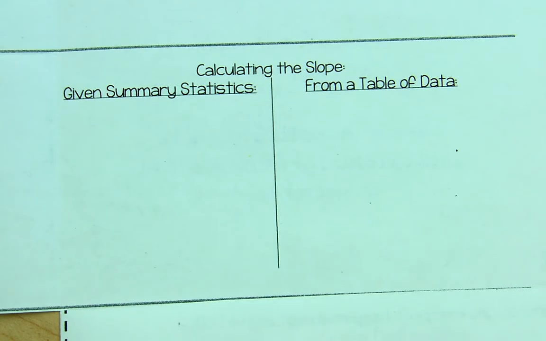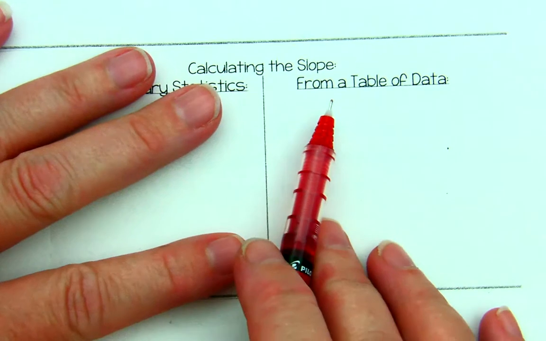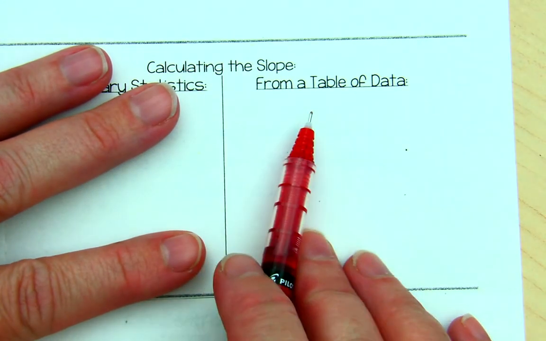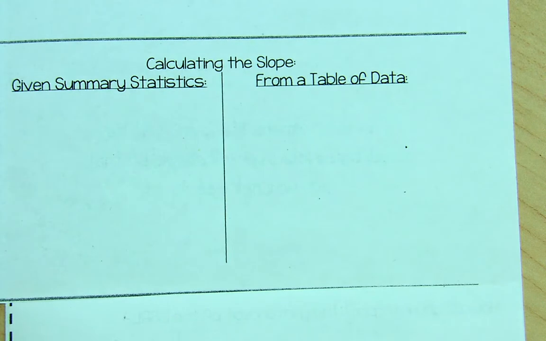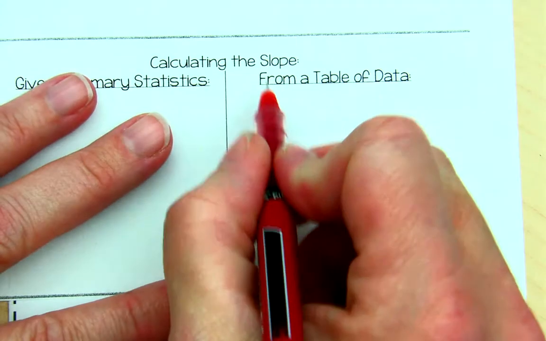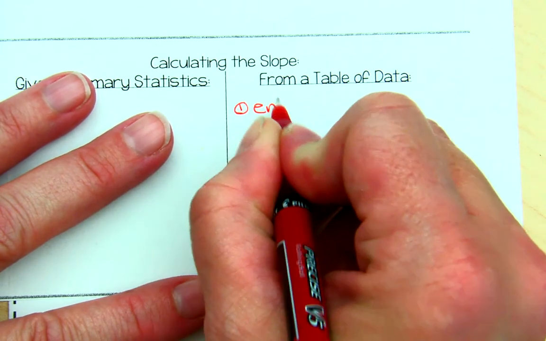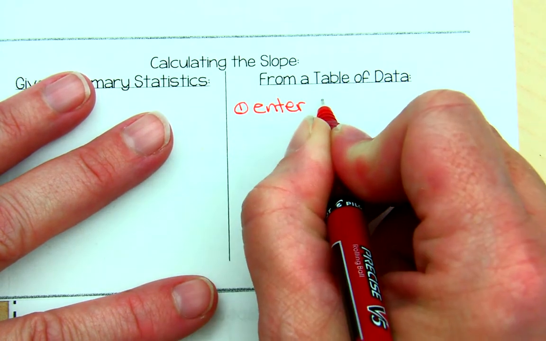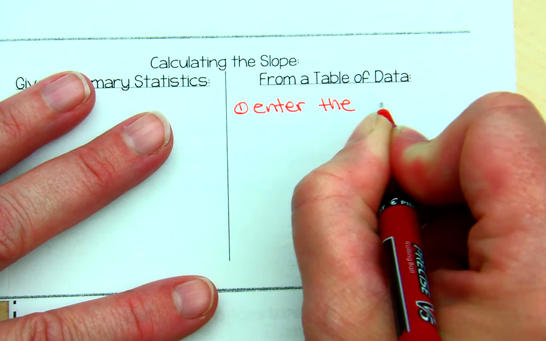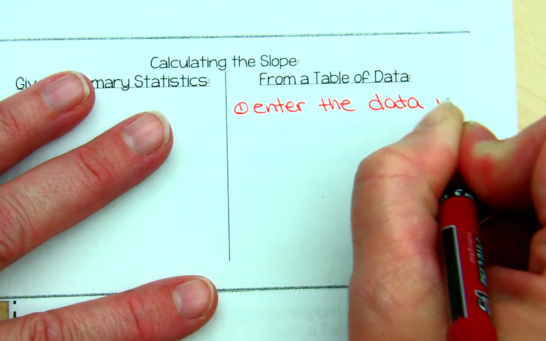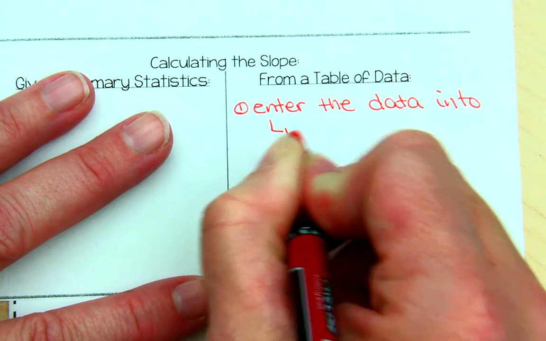Okay, so how do we get the slope? We have a couple of ways, and then we'll talk about another way later. But today we're just going to look at 2 different ways that we can get the slope. First of all, if we have a table of values, we're going to start over here with this one. If you're given all of your data, then you would just do it this way. So first thing you're going to do is enter the data into your L1 and L2.